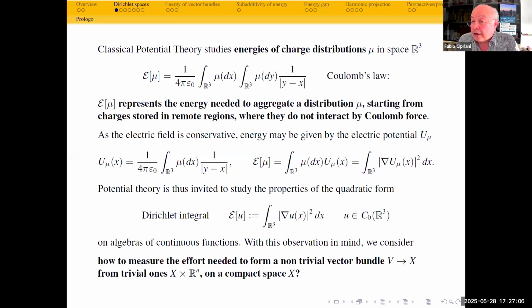And so even locally, you can have an infinite energy. It's a problem of the regularity of the potential. If we see the problem from this point of view, it's not always finite.